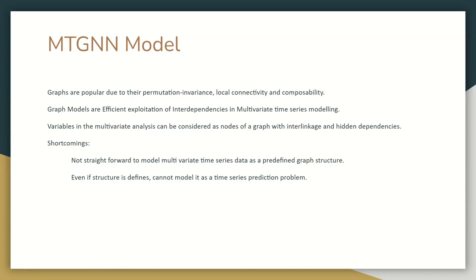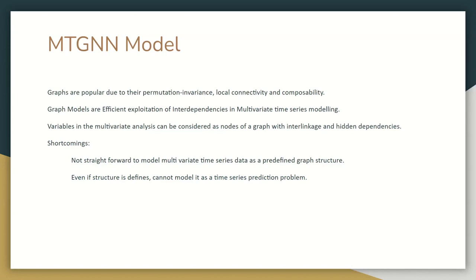Now, why is this relevant to multivariate time series? Right. So the graph models are, in general, very efficient in exploiting interdependencies between any of the entities in the graph. In this particular hypothesis, we consider those entities as the various variables which are related in a time series format. That is exactly what multivariate time series modeling is.